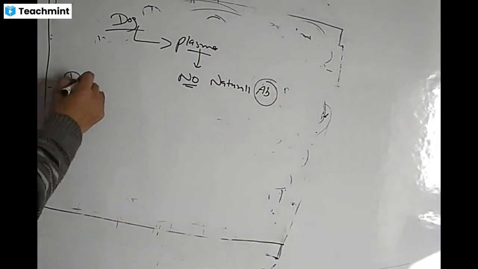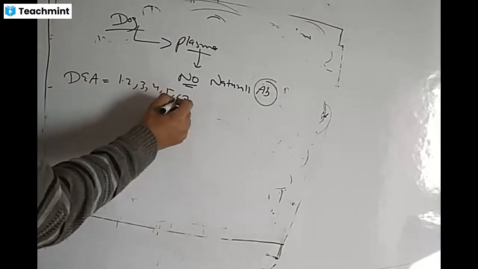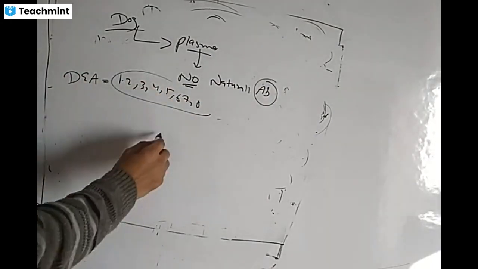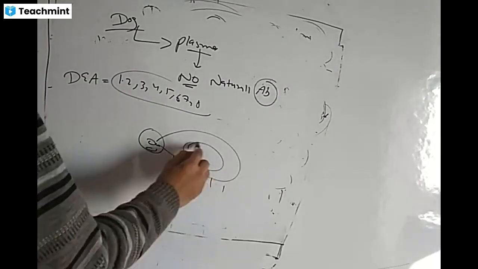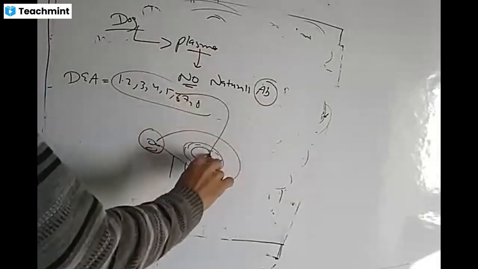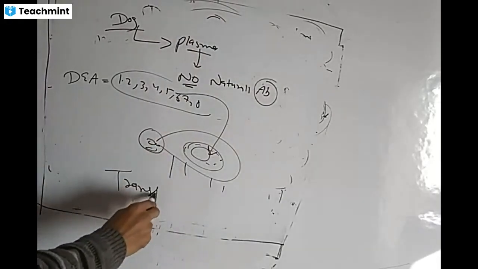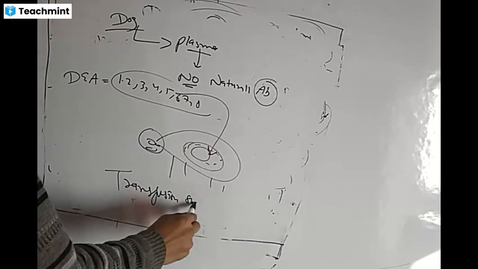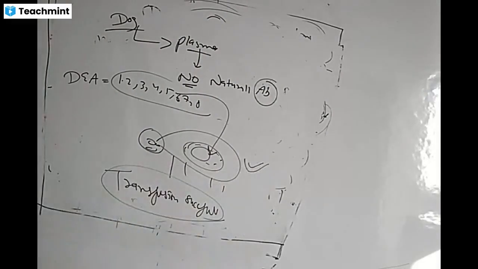So if no natural antibodies, if there is some blood group like 1.2, 3, 4, 5, 6, 7, 8 something, in that case, in the plasma of the animal, there is no antibody. If you transfuse this blood, for the first time, this transfusion is successful. First transfusion is successful because there are no antibodies, no hemolytic reaction.